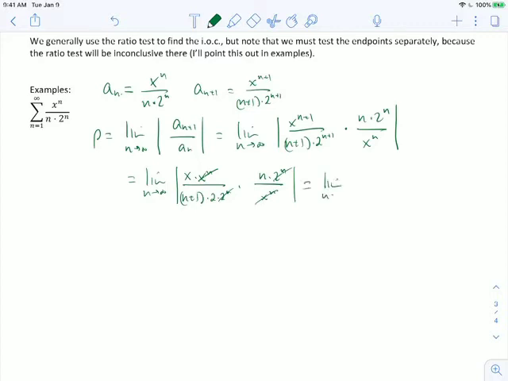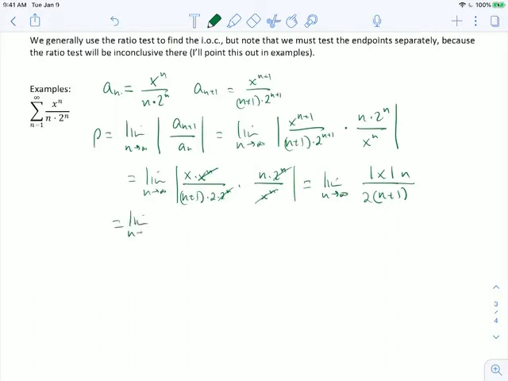And so what I'm going to get, when all is said and done, is the limit as n goes to infinity of the absolute value of x times n over the quantity 2 times n plus 1. Now, n is necessarily positive here, so anything involving the absolute value of n can just be written as n. So that's why I don't have absolute values around anything but the x at this point.